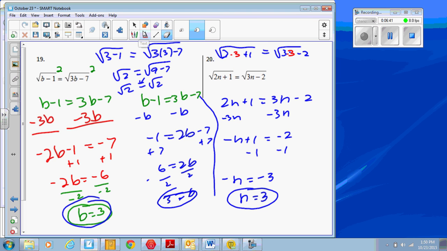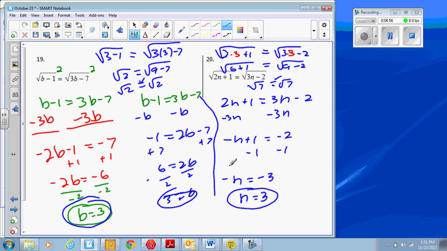So the left side of the equation becomes square root of 6 plus 1, and the right side is the square root of 9 minus 2. 6 plus 1 is 7, square root of 7 equals square root of 7, that checks also. So 3 is my solution.